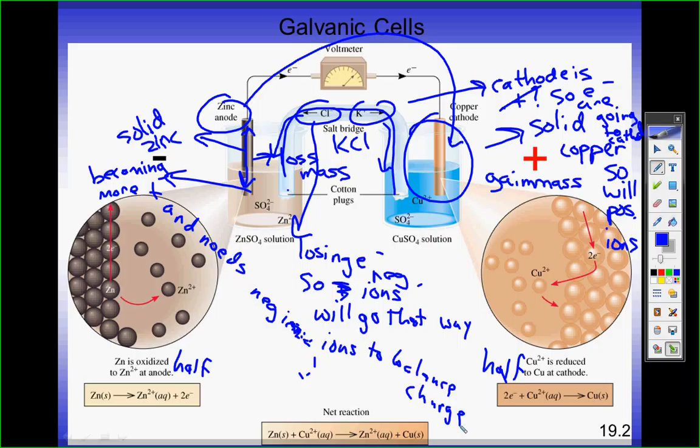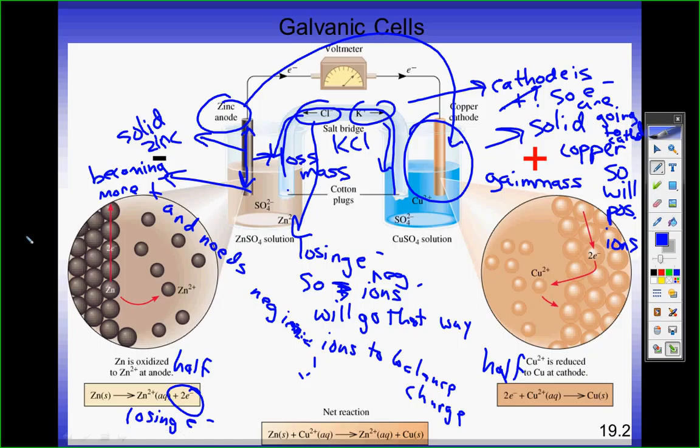So zinc is oxidized to Zn2+ at the anode. This is a half reaction. Why are the two electrons right there? What's happening? They're doing what with their electrons? Losing them, and they're going over to the cathode.